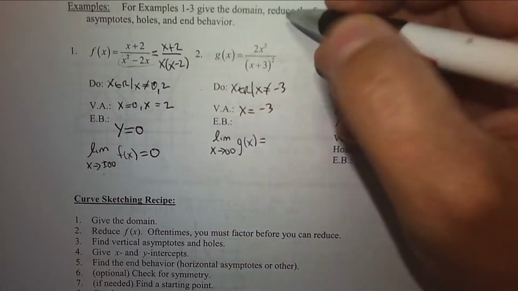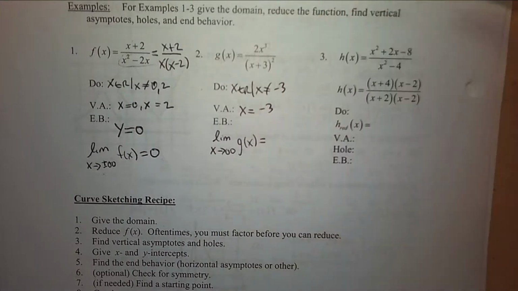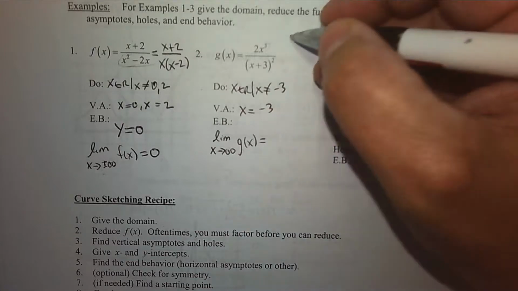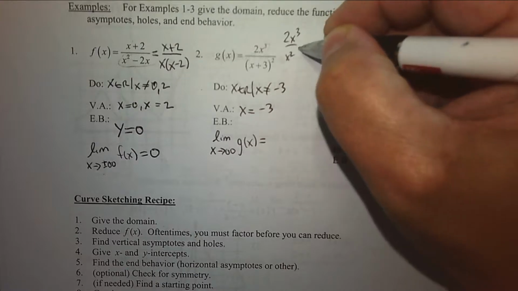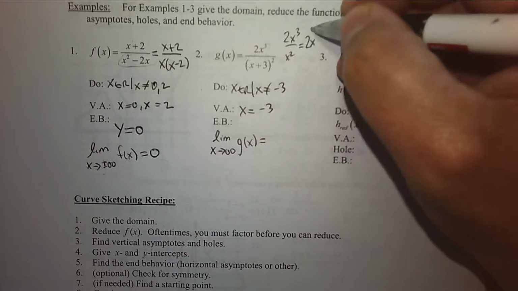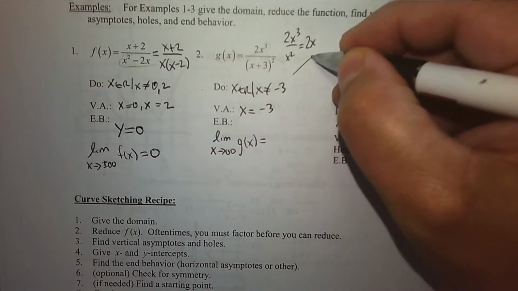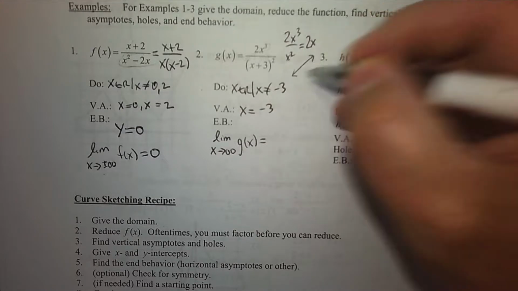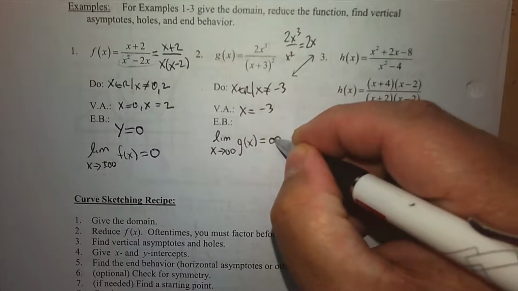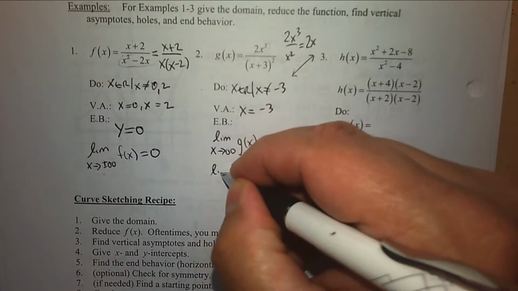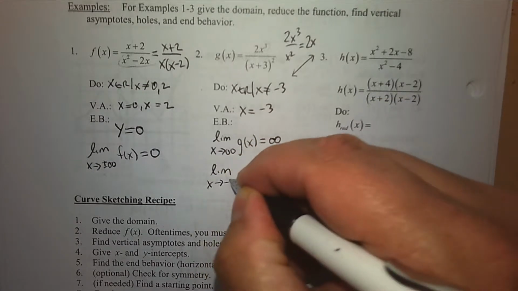Notice the degree on top is 1 bigger. If I simplify this, it would be 2x cubed over x squared, which is just 2x. 2x is a slanted line that rises to the right. That means the right end behavior is going where? To positive infinity. Where's the left end behavior going? To negative infinity.